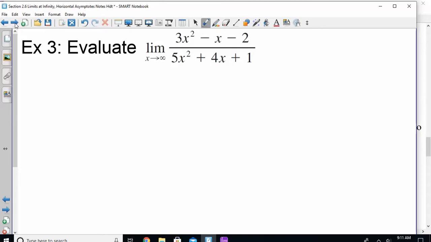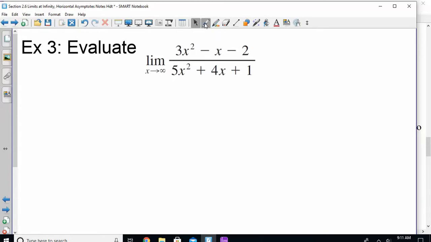So on these problems, if you have a polynomial divided by a polynomial, our strategy is going to be to divide the top and bottom by the highest power of x. What's the highest power of x? X squared. So we can either take everything and divide by x squared, or if you prefer, you can think of it as multiplying by 1 over x squared. We know that algebraically, as long as we do it on the top and the bottom of the fraction, it's legal, because they would cancel each other out. So I'm not changing my problem.